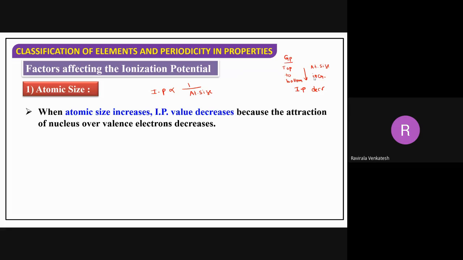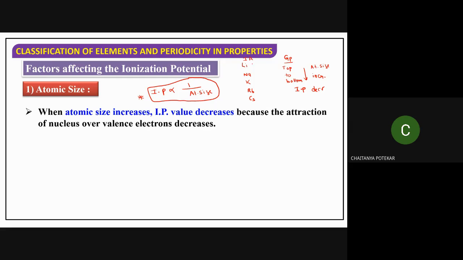So if you know atomic size, we can write ionization potential. If you know this relation, you can easily write it here. If I take one example, lithium, sodium, potassium, rubidium, cesium, which group is this? First A group.